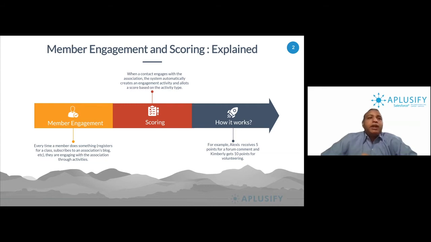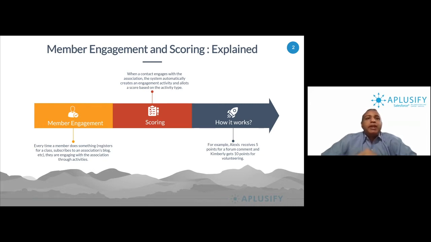Member engagement is more of a proactive term, where you yourself design certain activities in which the members can participate so that they become active participants in your association management system or in any community portal or any social cause that you are doing.